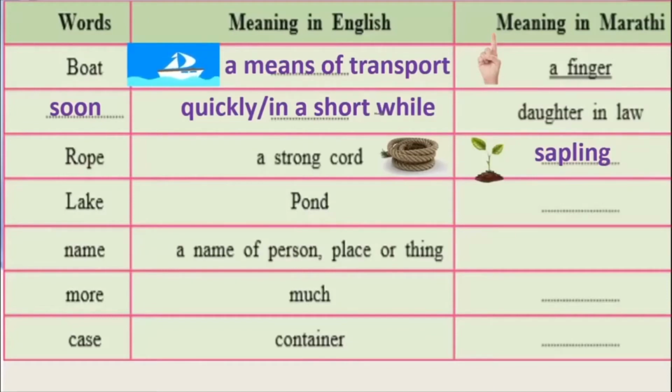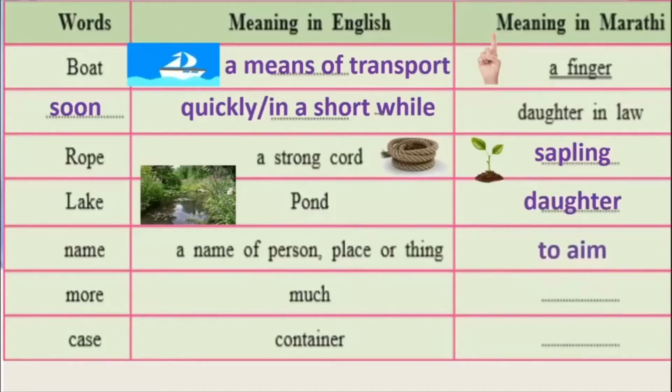In English, the word is lake, which means a pond, whereas in Marathi, lake means your daughter. Alright? Now, name. Name in English could be the name of a person, a place, or a thing. In Marathi, name means to aim at something, to take an aim at something.